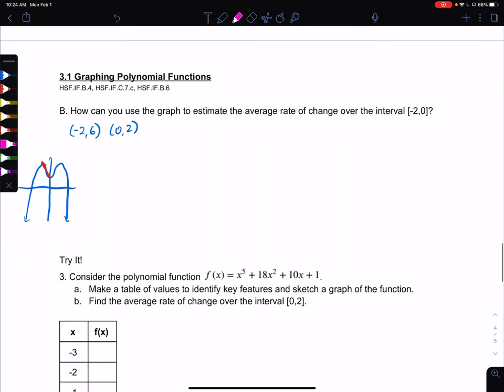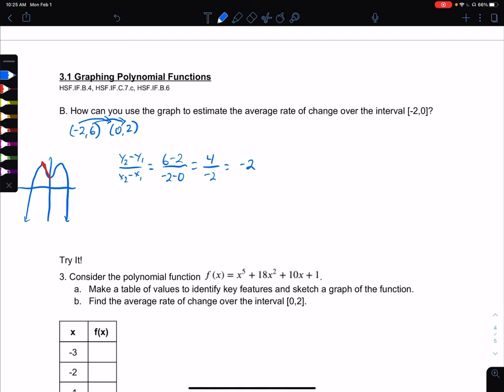We're going to do y2 minus y1 over x2 minus x1. So that would be 6 minus 2 or 2 minus 6. But if I go 6 minus 2 this way, I need to do -2 minus 0. 6 minus 2 would be 4. -2 minus 0 is -2. And this would be -2.